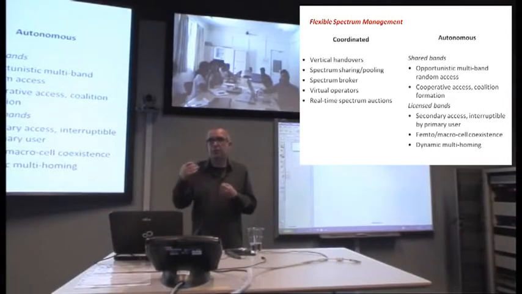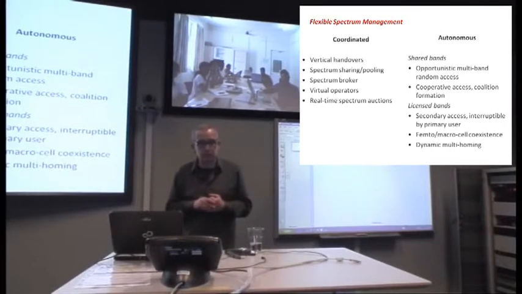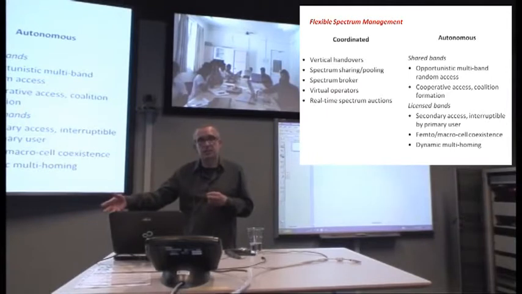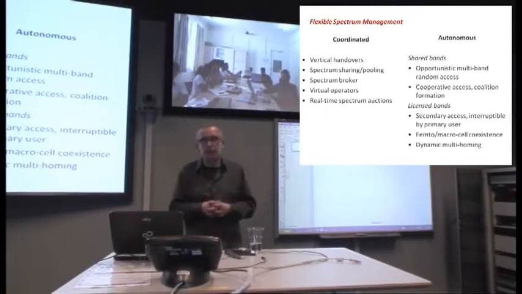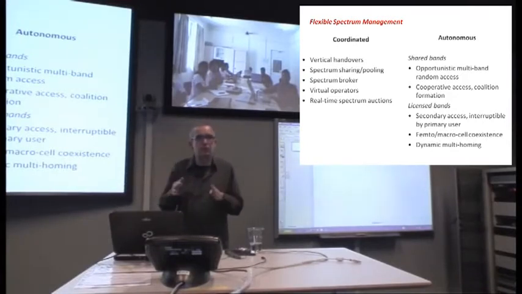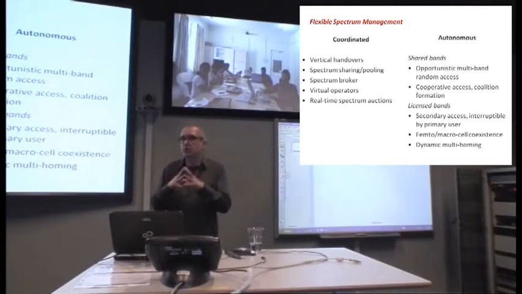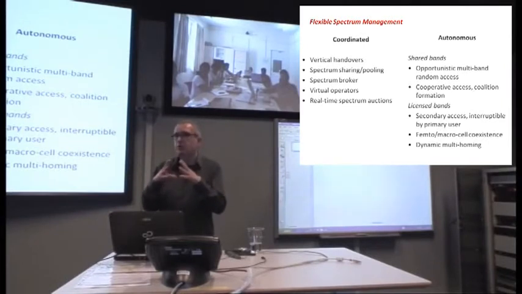In the early concepts of 802.22, the base station would tell the radio to sense the spectrum and then report back, and it would aggregate all that information and then decide on what spectrum to use. Now things have evolved more into the use of geolocation databases, but regardless, it's more centralized, and the flexible spectrum management occurs, but it's coordinated by this base station. Okay?